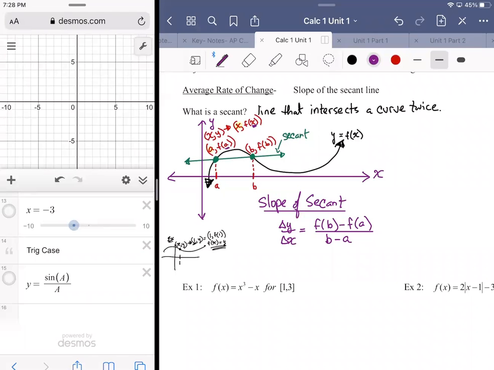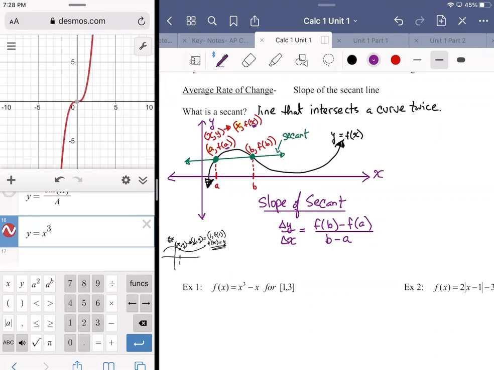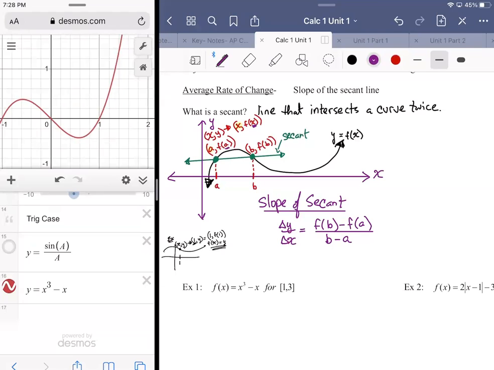So I'll get a quick sketch of what y equals x cubed minus x looks like. All right, so it looks like that. What they're saying is over the interval of 1 to 3. So here's 1, where is 1? Here's 1, coordinate 1, 0. All right, so I can snag that from here.